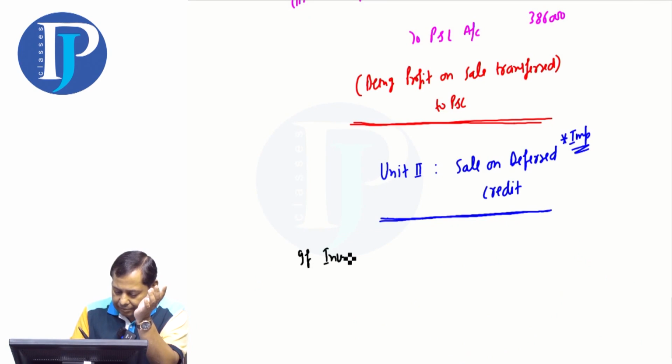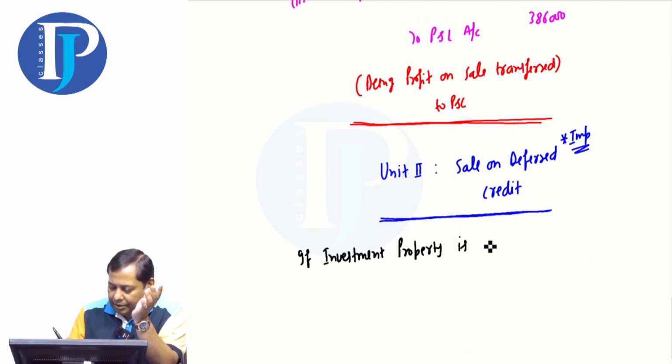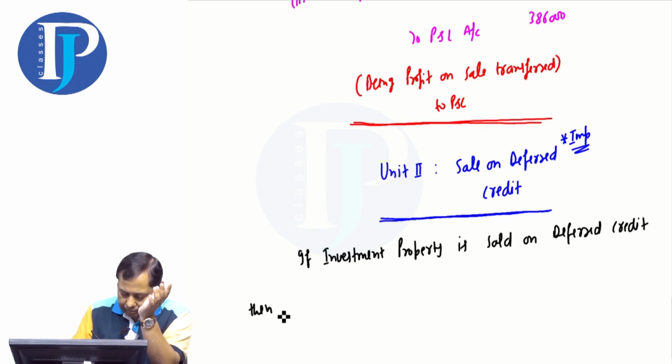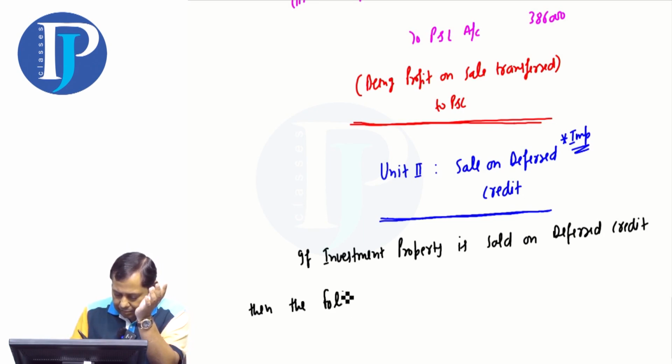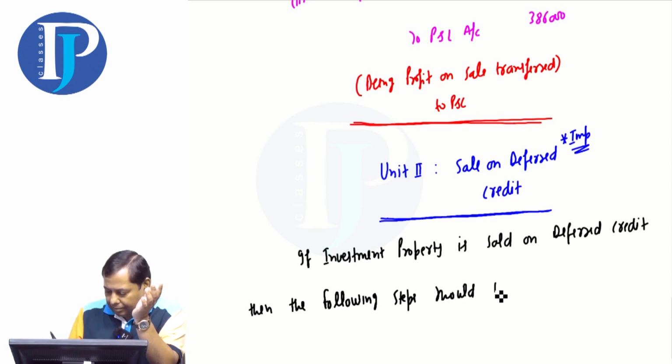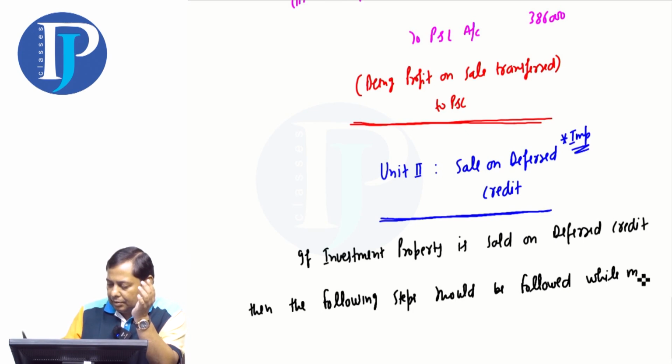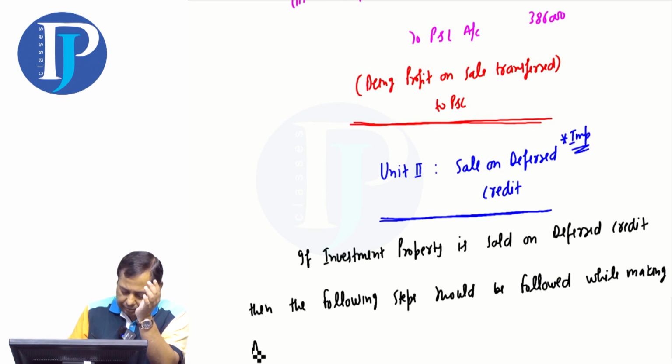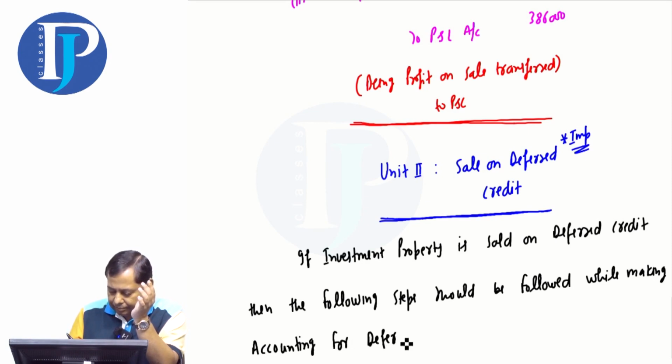If the investment property is sold on deferred credit, then the following steps should be followed while making accounting for deferred credit sale.